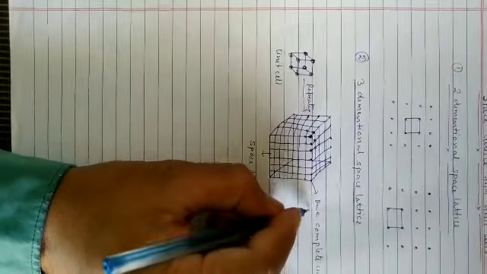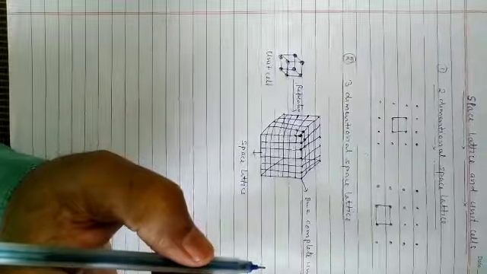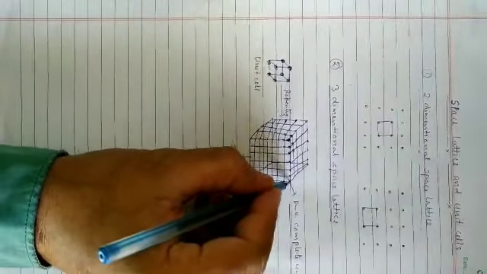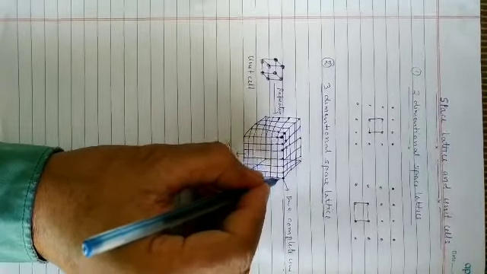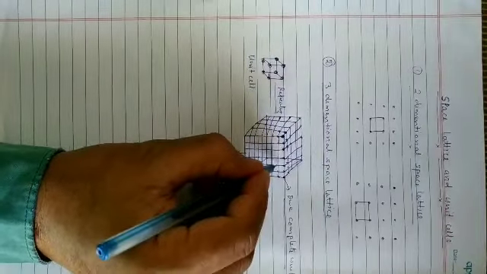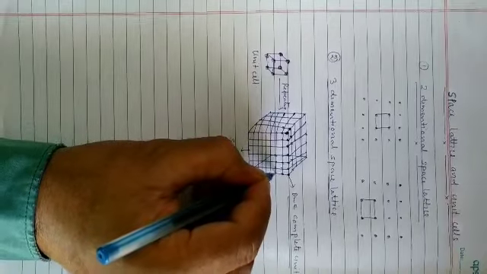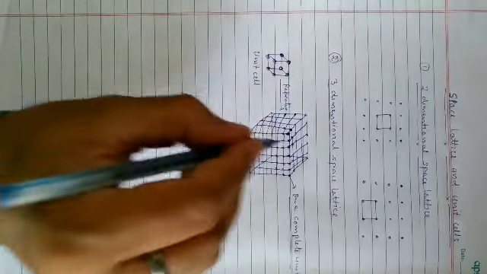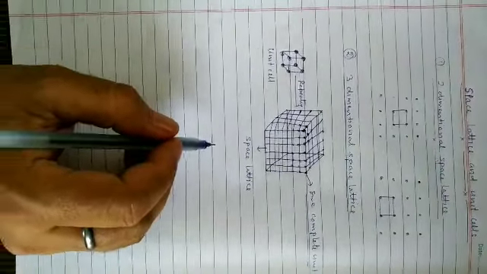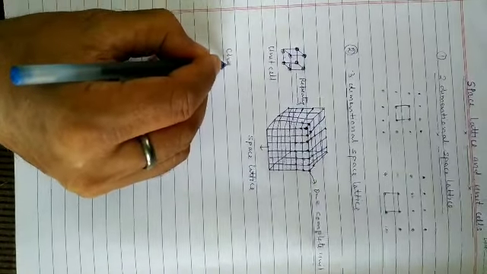One complete unit means this represents one complete atom or one complete molecule or ion. Each point is surrounded by some neighboring points that constitute the atmosphere around it, like this one. Now we will see how any unit cell can be characterized: characterization of unit cell.